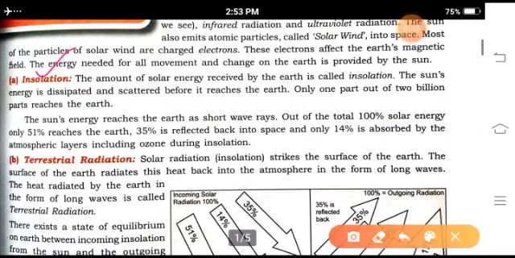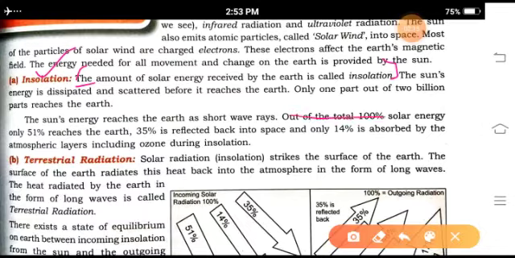Insolation. The amount of solar energy received by the Earth is known as insolation. The sun's energy is dissipated and scattered before it reaches the earth. Only 1 part out of 2 billion parts reaches the earth.